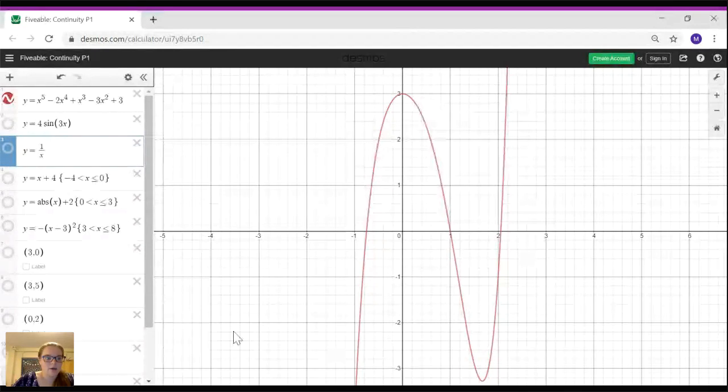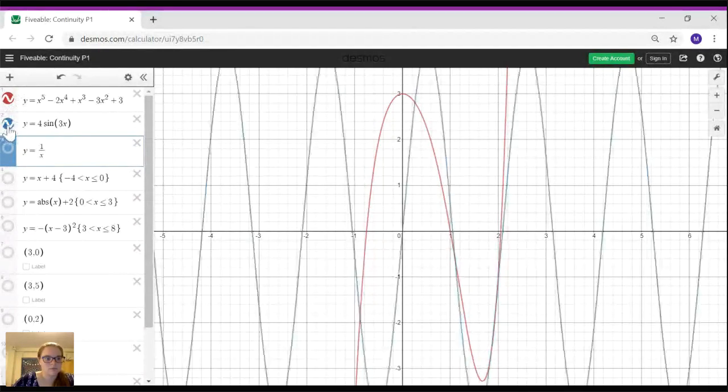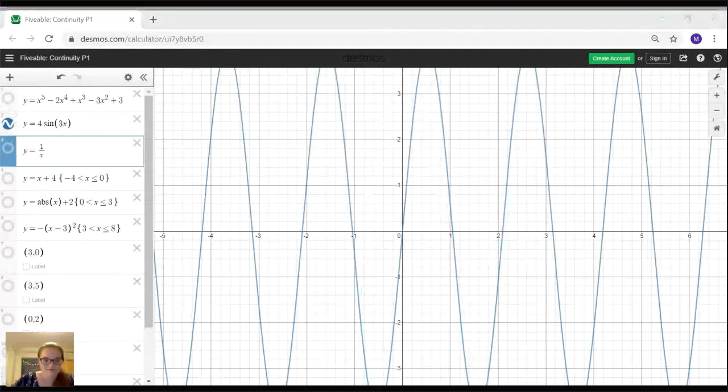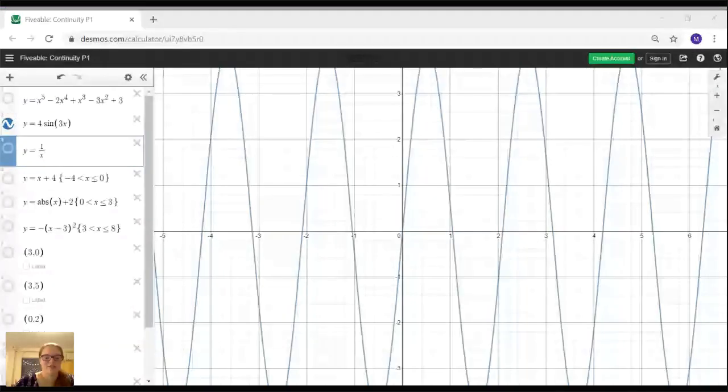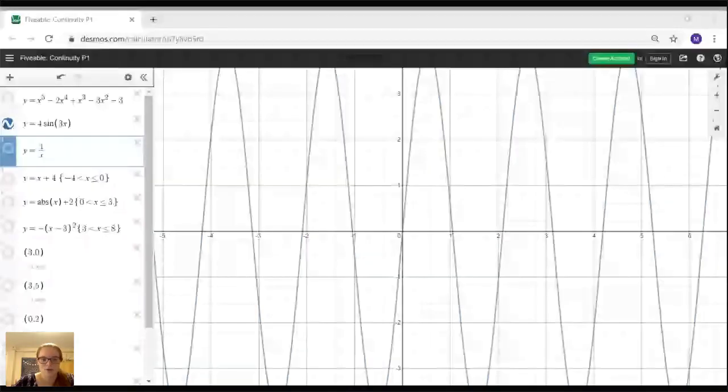Okay, let's look at our next function. Do we recognize this? I know you can see the function, so you know it is a sine function. Awesome. It's got an amplitude of 4, so instead of going from -1 to 1, it goes from -4 to 4. Knowing sine and what we know about its oscillation, do you guys know any places where sine might have a discontinuity?